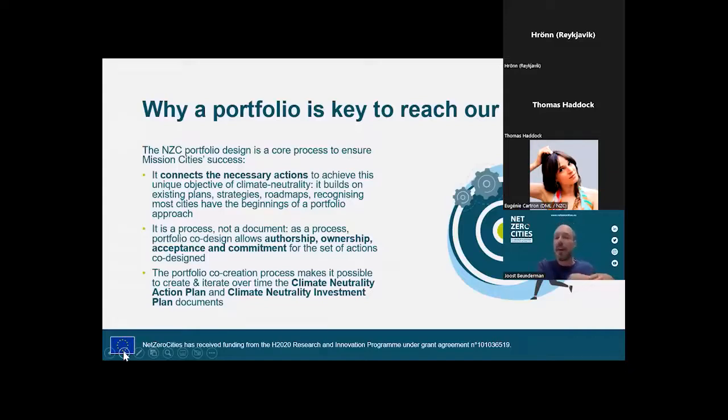Again, if we recognize that creating a portfolio is an ongoing process, because you always need to connect new people and new opportunities, what you might submit in your action plan is a snapshot in time, sort of a latest status update of where the city is at that point in time. But the portfolio creation and the portfolio iteration and the strengthening of links goes on and on and on.